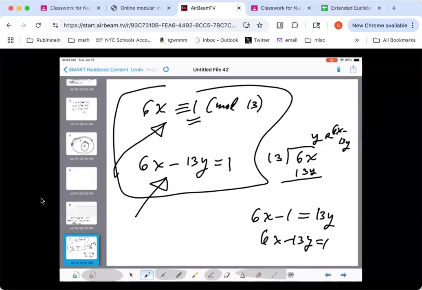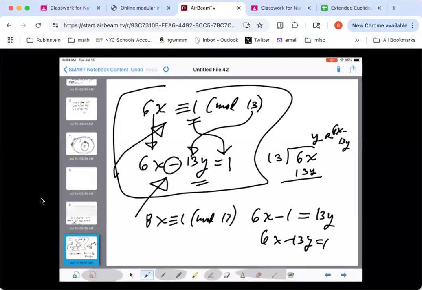Now, even if you're not understanding exactly why I'm allowed to rearrange it, can we just say, just do it, rearrange it. Put the 6x here, put the 1 here, put the minus, put the 13 there, and throw a y there. So if I say I want to know 8x is congruent to 1 mod 17, I'm going to change it to 8x minus 17y equals 1.